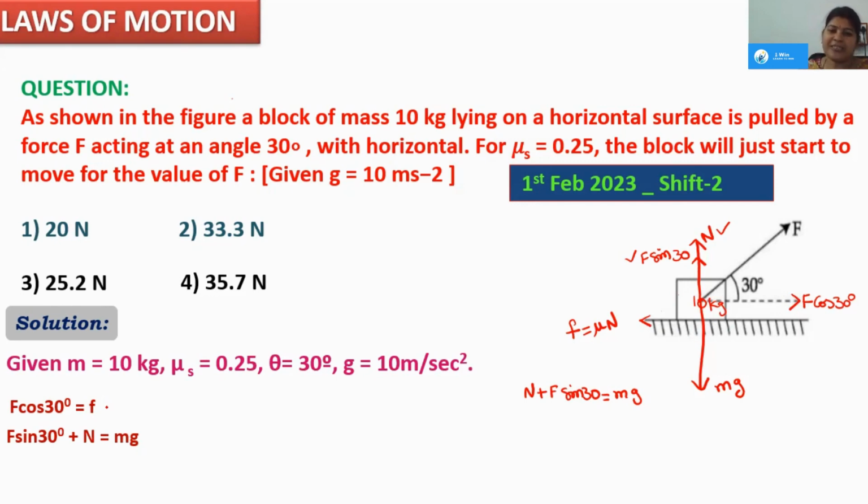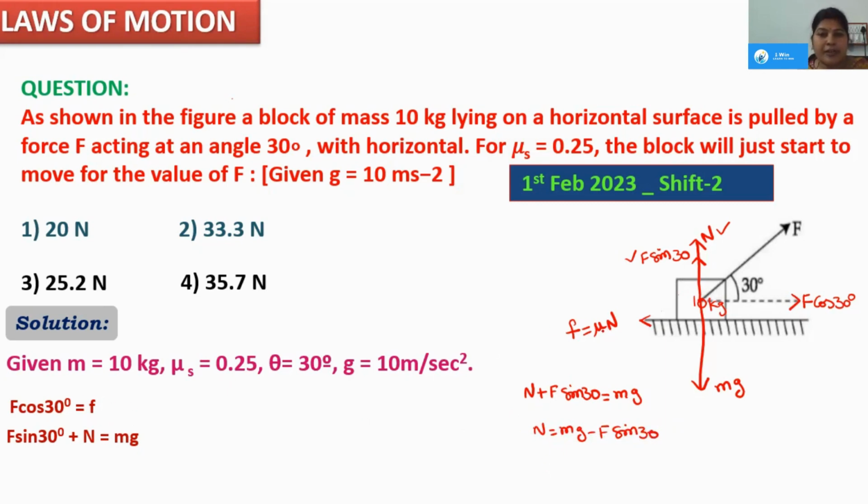Here onwards, what is N? Bring this F sin 30 to that side, then N equals mg minus F sin 30. So this is the N value. Now, what is the frictional force?